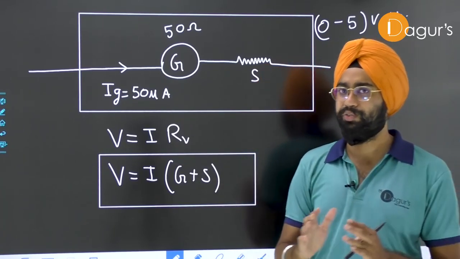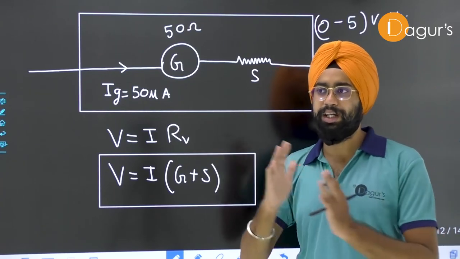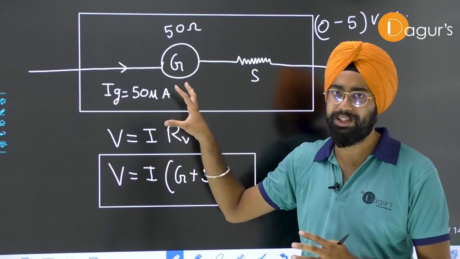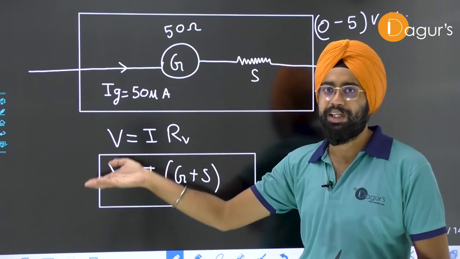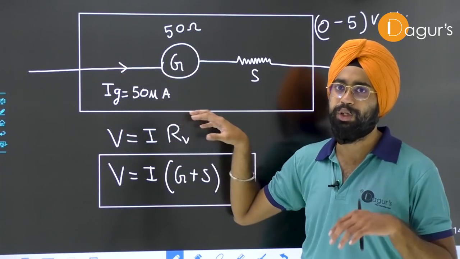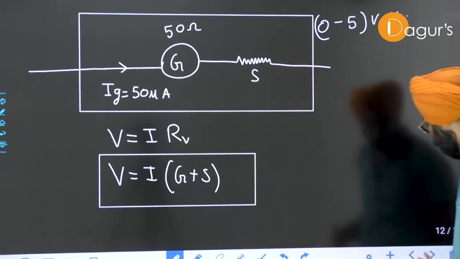That means there is a constraint in the relation. So, V is directly proportional to R. If we increase our resistance, there will be an increase in the voltage range. So, to measure greater voltage, we can increase the resistance.